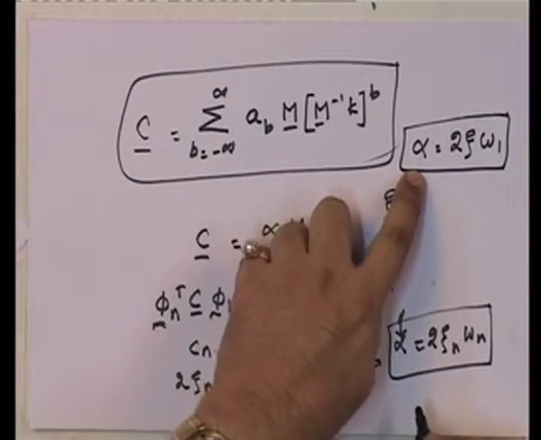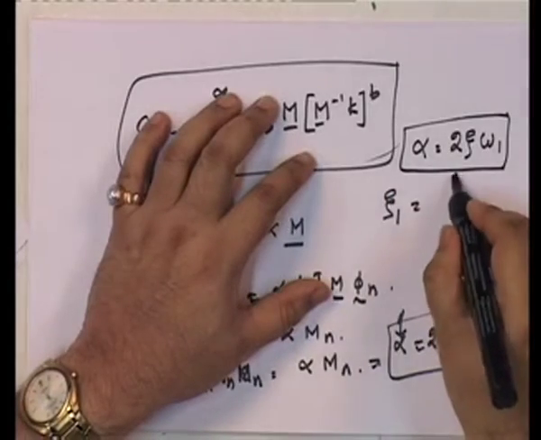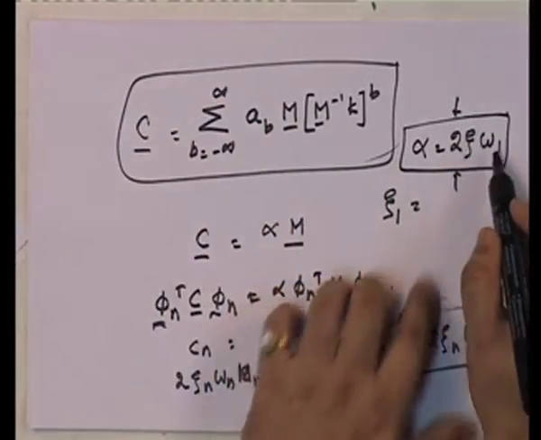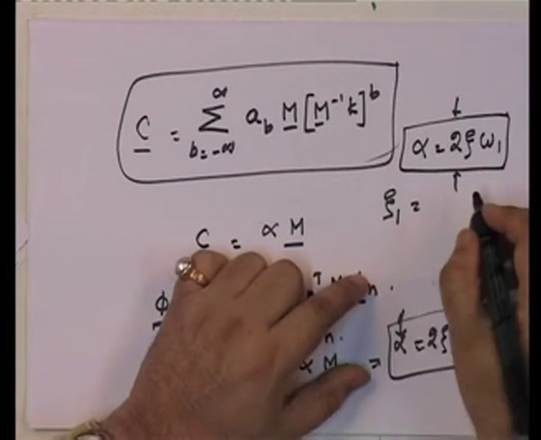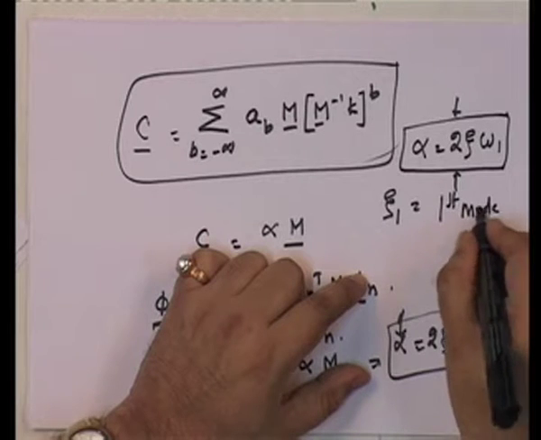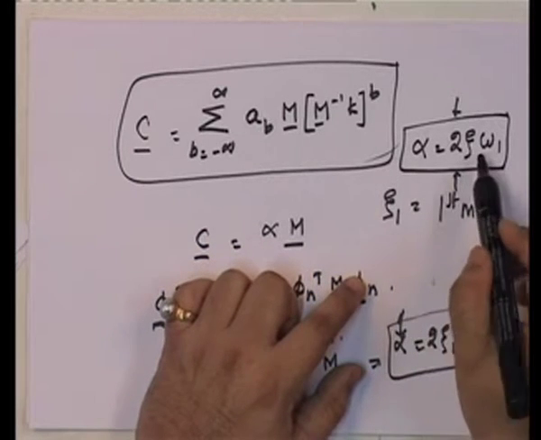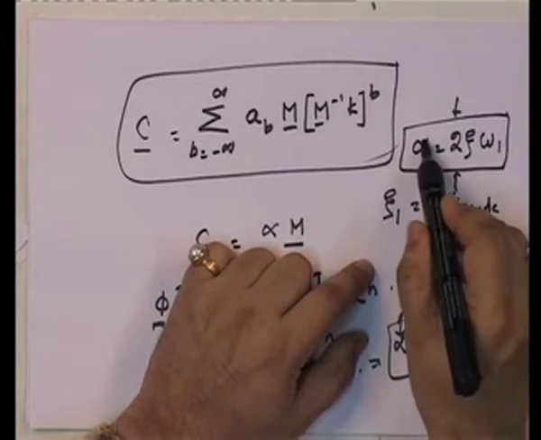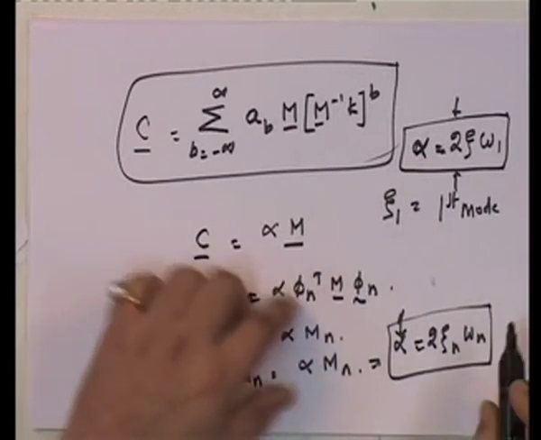Note that this defines alpha, because I am saying that in the first mode, this is xi. If I put that in, alpha becomes a unique number.